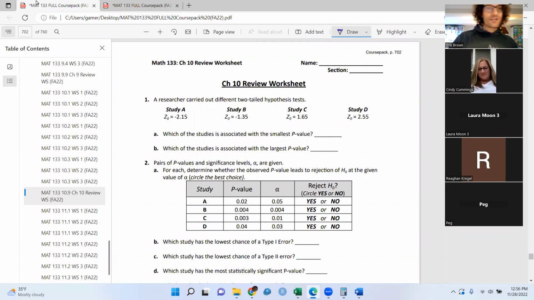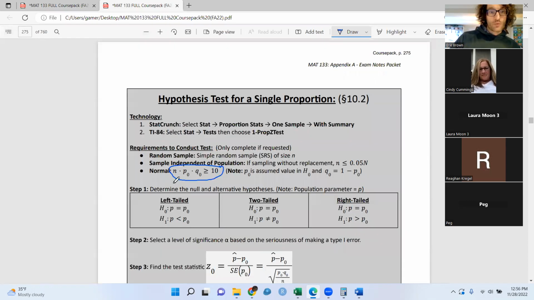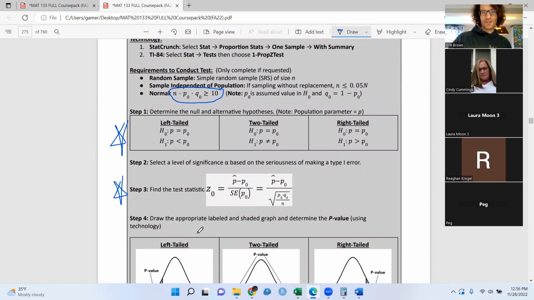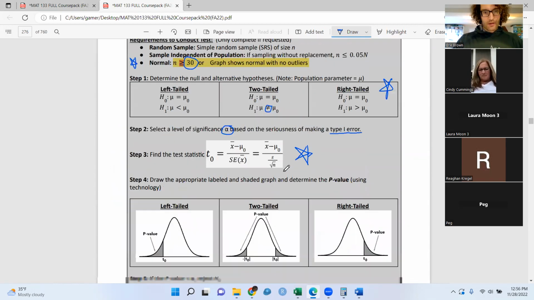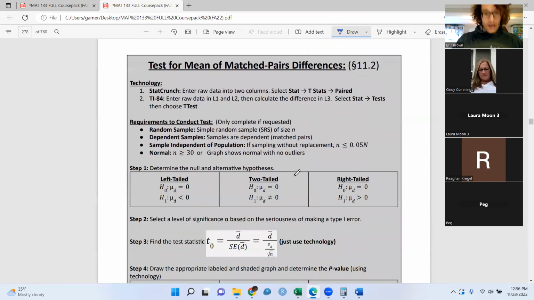All that is really different in chapter 11 is there's one more requirement added to the testing, and then step 3 and step 1 for hypothesis testing change. Confidence intervals, same thing. It's just one more requirement, and actually you have to do all of these twice, which is kind of annoying. And then what you do in StatCrunch is a little bit different. That's it.